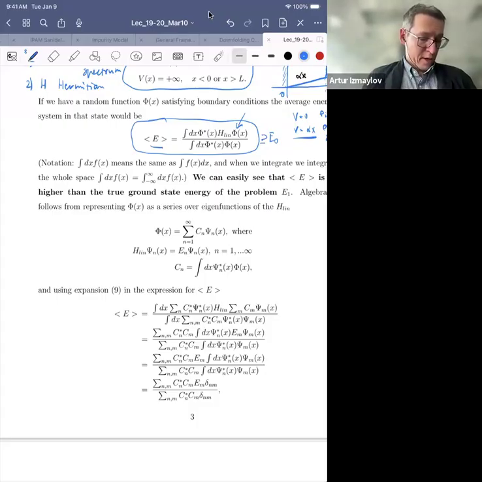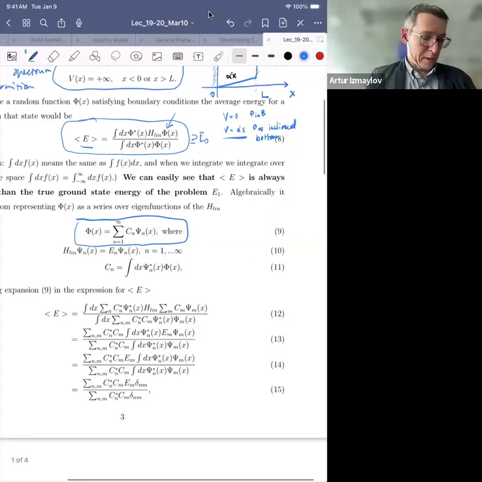And we can, in principle, find the ground state of the Hamiltonian by trying to optimize the coefficients in the description of our function as a linear combination of eigenstates for our Hamiltonian, right?